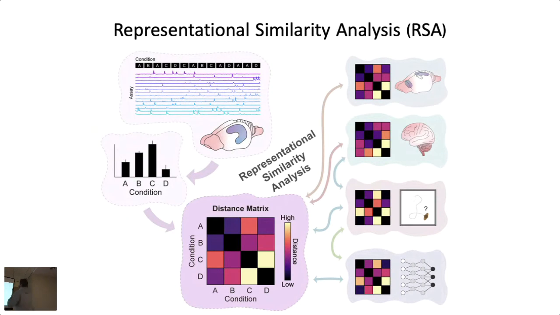So you can imagine recording the same assay in a different brain region, presenting the same conditions, asking how different they are, and we could compare this representation with this one. But we could also generate this representation with a model system, say your favorite neural network model. So this allows a lot of flexibility to compare and contrast empirical observations we're making with the theoretical models of interest.